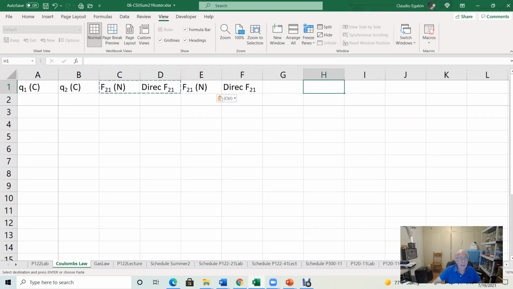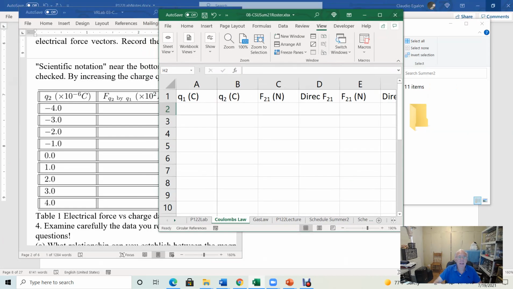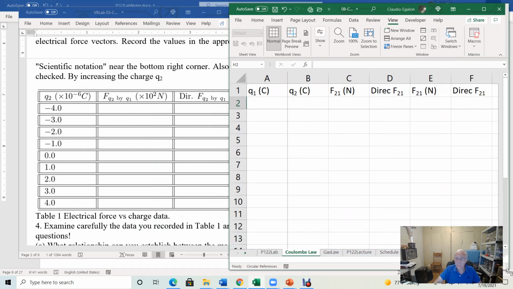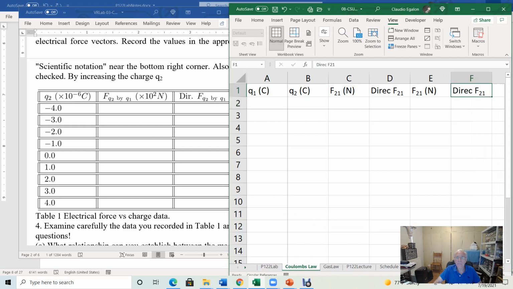Okay, here you go. And I'm going to define here F of 2 in 1 means what? Means force in charge 2 by charge 1. It's a different definition than I made in my slides. Okay? And here we gotta do 1, 2.